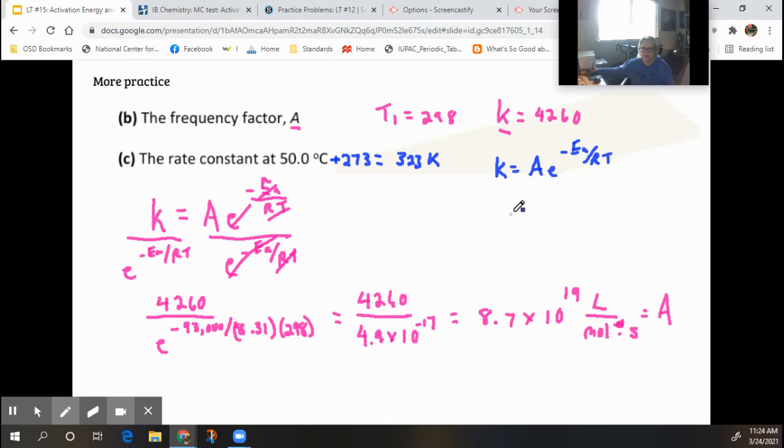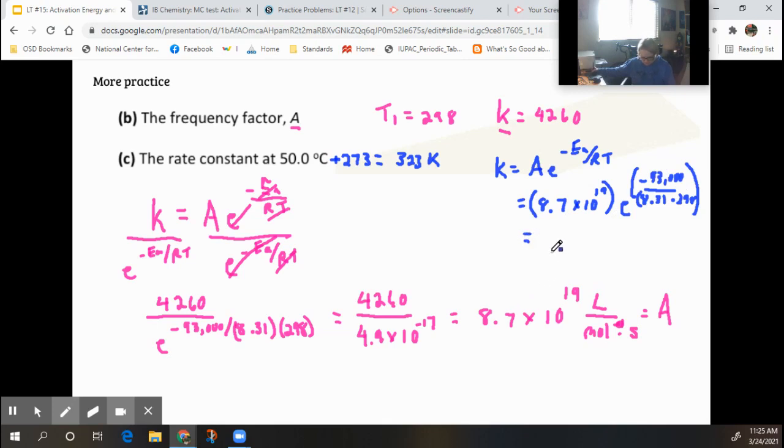And I just fill in all the information that I've got. This one's going to contain a lot of scientific notation, so you're going to have to really watch order of operations and make sure you've got your scientific notation in parentheses. And then this is going to be negative 93,000 divided by 8.31 times 298. Order of operations here, I'm going to solve for the exponential first and then multiply it by the frequency factor.